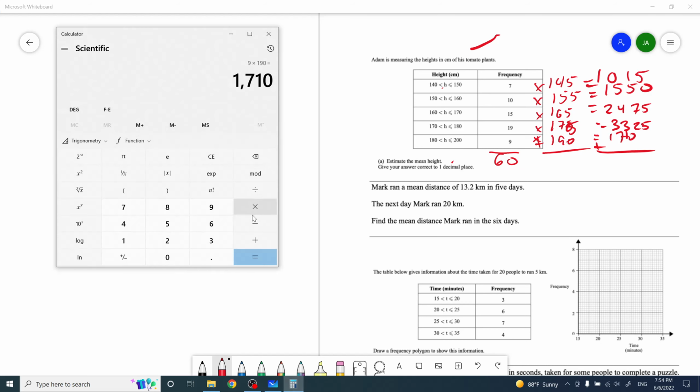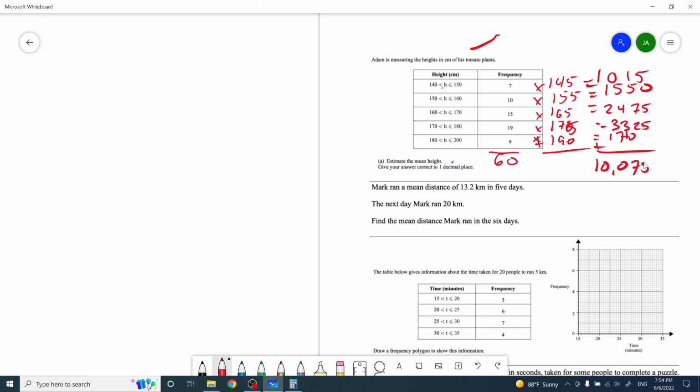So we have 1,710 plus 3,325 plus 2,475 plus 1,550 plus 1,015. And that gives us a total of 10,075, which we now need to divide.